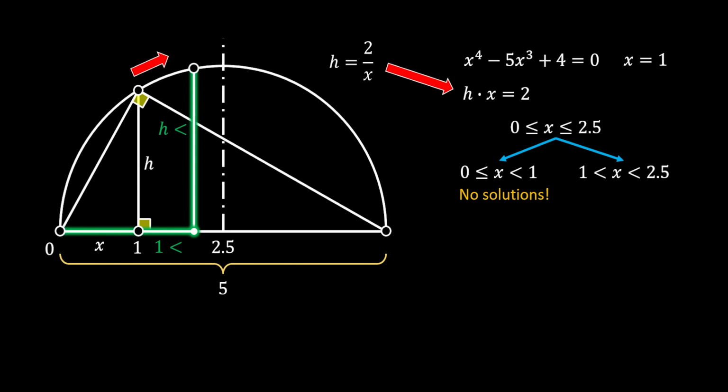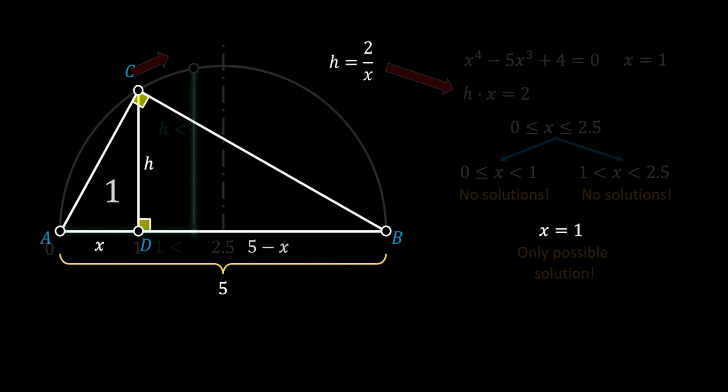So, since both values for x and h increased, there is no way that their product can remain 2. So, this means that there are no possible solutions for this scenario as well. So, this will lead us to conclude that the only possible solution for x is that x equals 1.